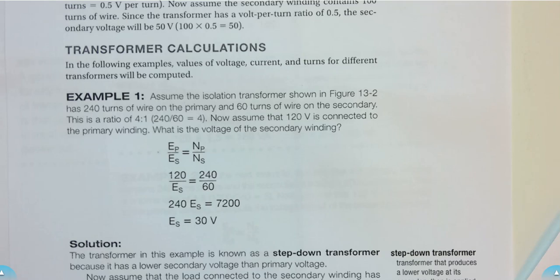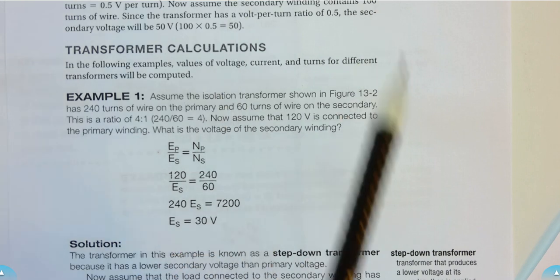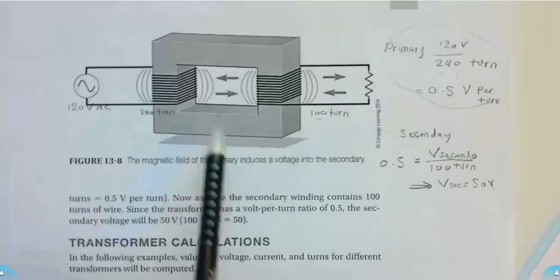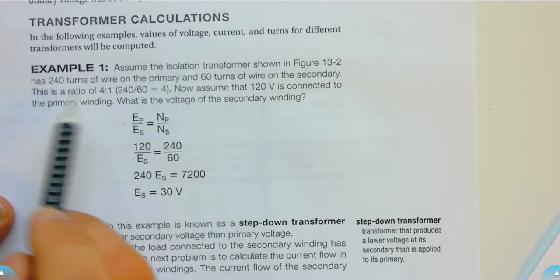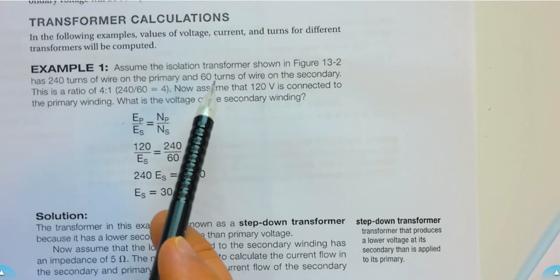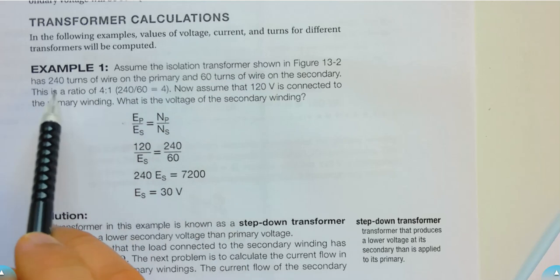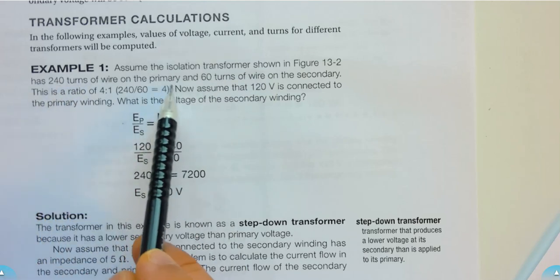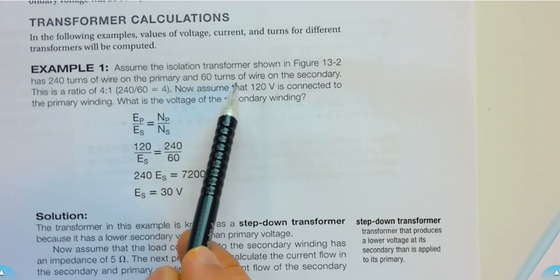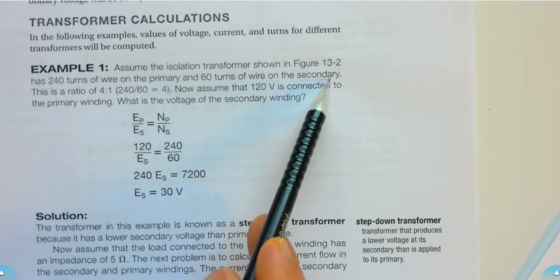Honestly, it is very similar to this figure, which is the same. But here it tells you about 240 turns of wire in the primary and 60 turns of wire in the secondary. Okay, guys.